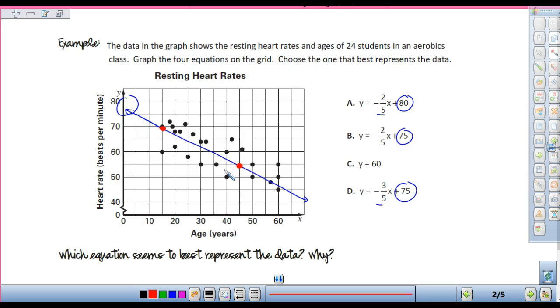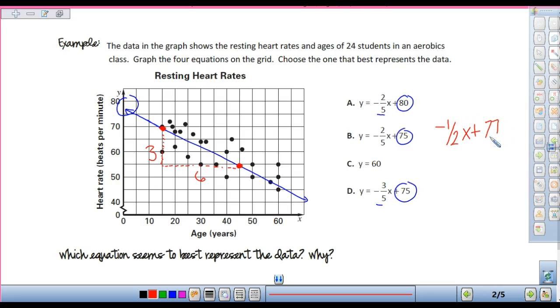If I'm going to find my slope, what's my rise? 3. And my run would be? 6. Yeah, about 6. So in this case, my slope really is about negative 1/2 x plus maybe 77.